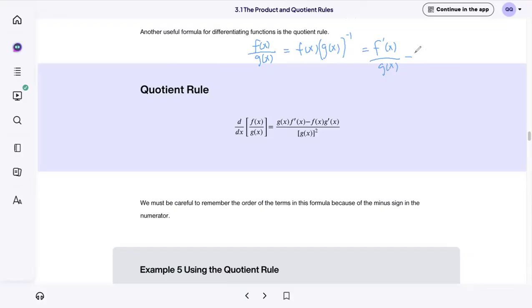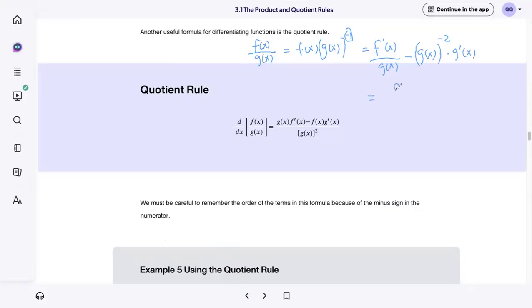Minus 1 of g of x, then raised by, I'm dealing with these exponents. So -1 I pull up front, then g of x raised by -1 minus 1, which is -2. Then multiply by g prime of x.